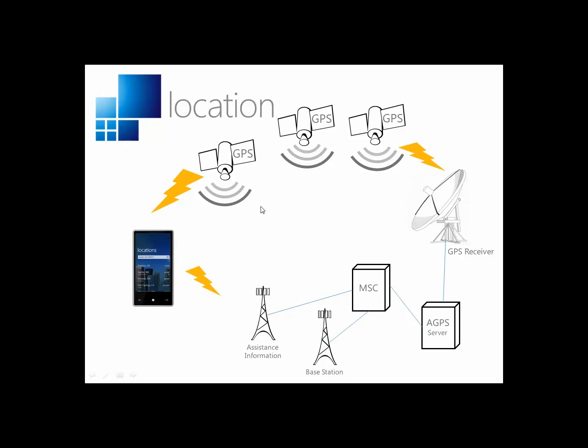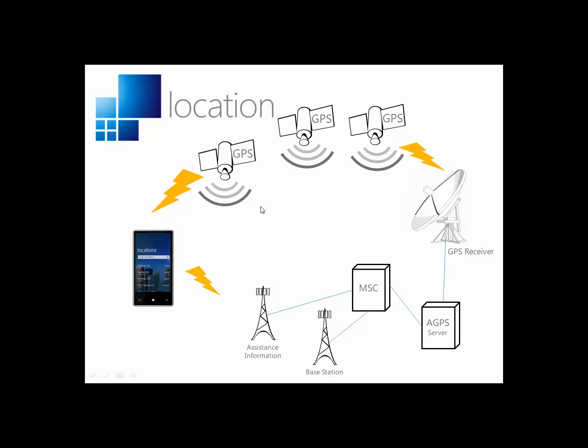That's not acceptable for using GPS on the phone. So we use assisted GPS, and we use a web service that utilizes both GPS and Wi-Fi and cell tower triangulation to give you a quicker time to first fix.